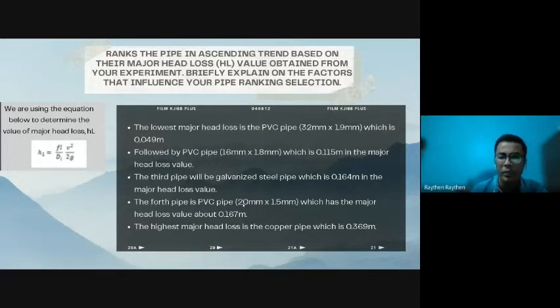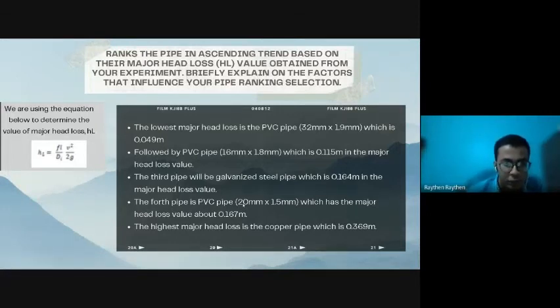The third pipe is the galvanized steel pipe, which is 0.164 meter, and the fourth pipe is the PVC pipe with 20 millimeter times 1.5 millimeter length, with a major head loss value of about 0.167 meter. And the last one, the highest major head loss, is the copper pipe, which is 0.369 meter. From the calculation, we can rank in ascending order as shown.